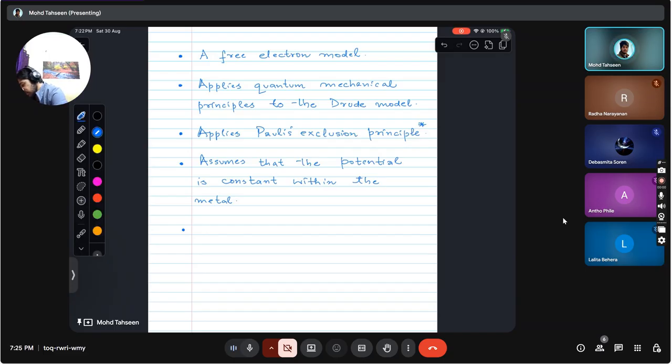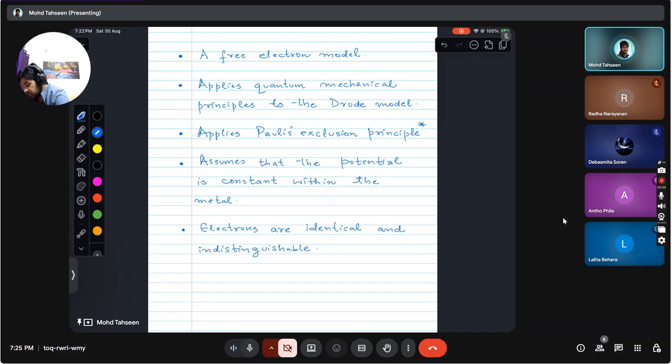So the next thing that we are going to impose is that electrons are identical and indistinguishable. This is another difference from the Maxwell-Boltzmann distribution, where we assume that they are identical and distinguishable, but here they are identical and indistinguishable.